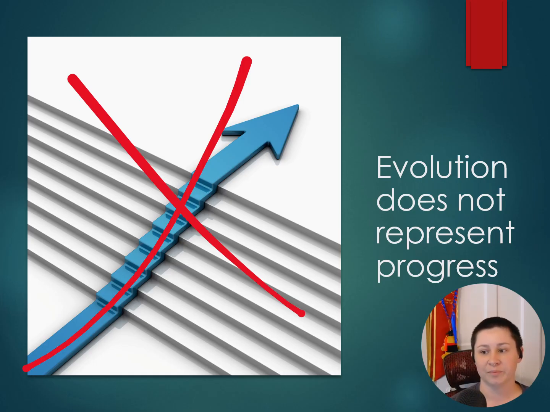An earthworm is the same as a human in that sense, but neither would survive very long in the other's environment, if you get what I'm saying. Evolution doesn't plan for the future, and therefore does not represent progress.